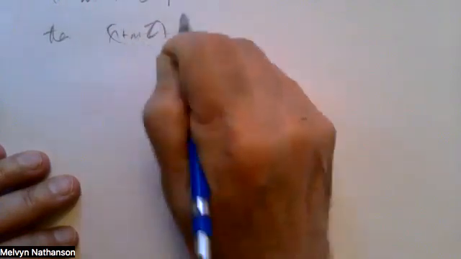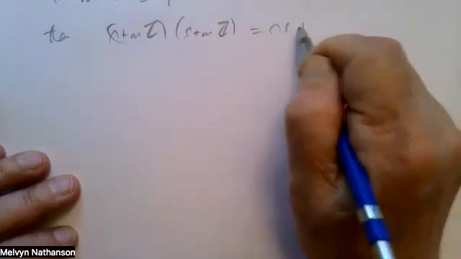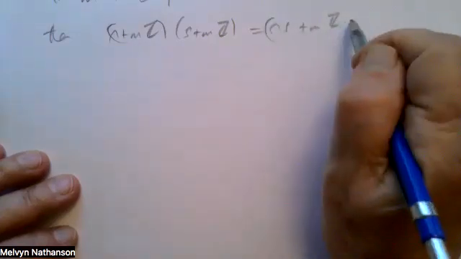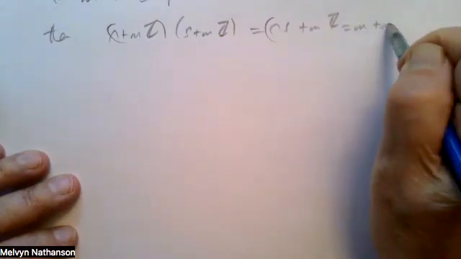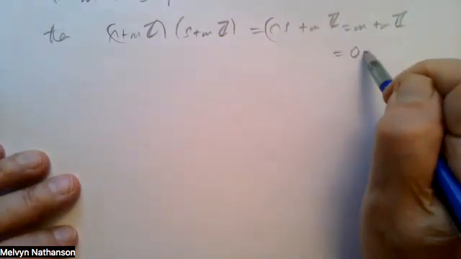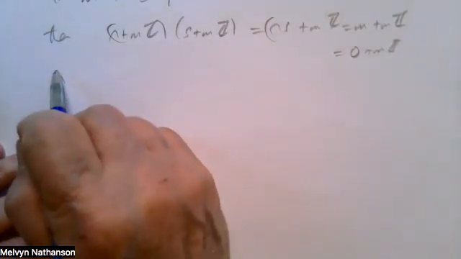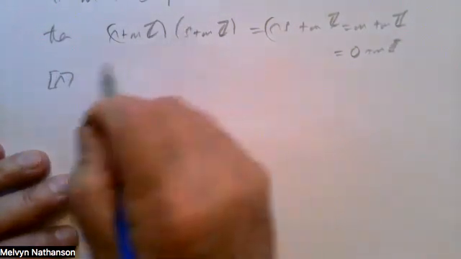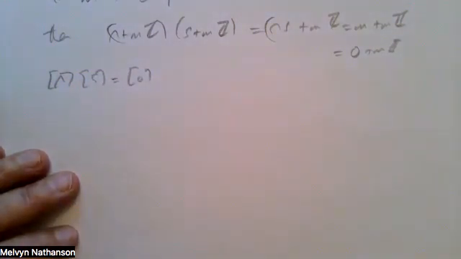then R plus MZ times S plus MZ is RS plus MZ, which is M plus MZ, which is 0 plus MZ. So the congruence class of R times the congruence class of S is the congruence class of 0.